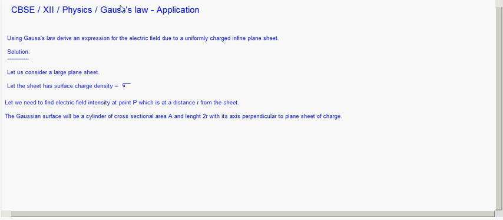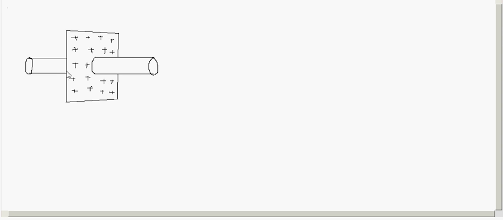So our Gaussian surface will be like this. So this is the plane sheet.